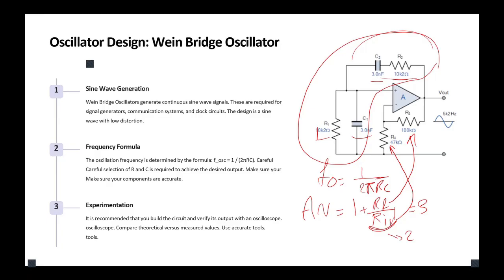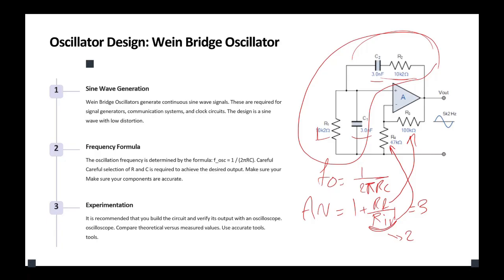This is a classic analog trick. We place a small incandescent lamp in series with the RG. So as the output sine wave grows, more current flows through the lamp, it heats up and its resistance increases. That reduces the gain and stabilizes the amplitude.